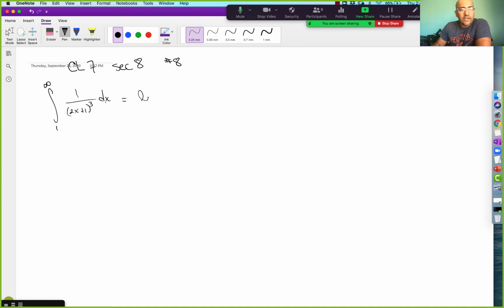So we can change it to the limit as k goes to infinity of the integral from 1 to k of 1 over (2x plus 1) cubed dx. That's really the new part in this chapter, doing this step.